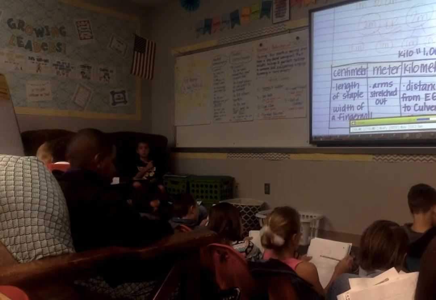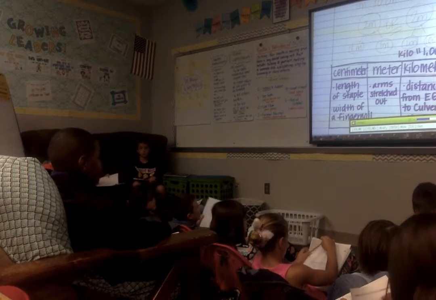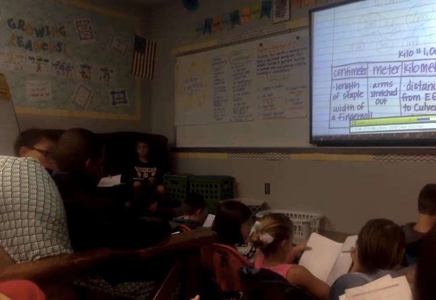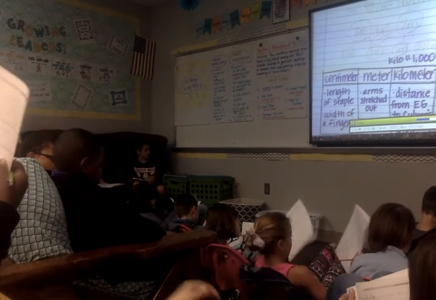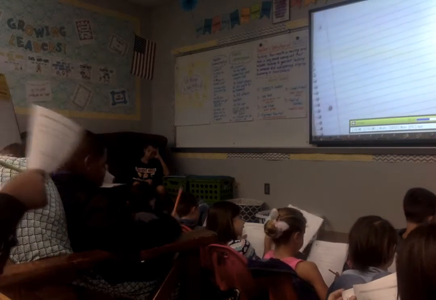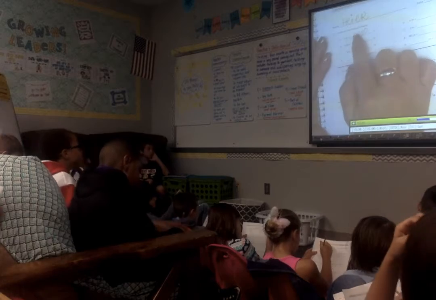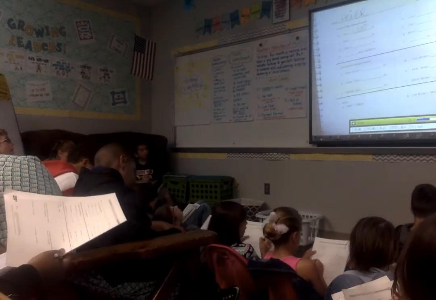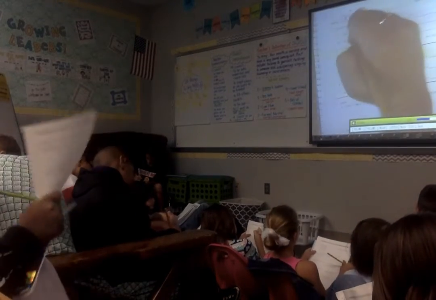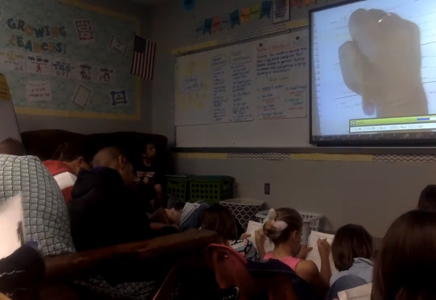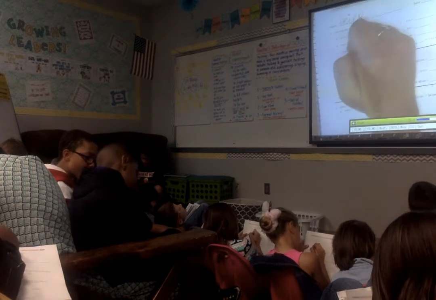So when I see kilometer or kilogram, that's 1,000. That's how I know 1 kilometer is 1,000 meters. So 4 kilometers would be 4,000, and 7 kilometers would be 7,000.